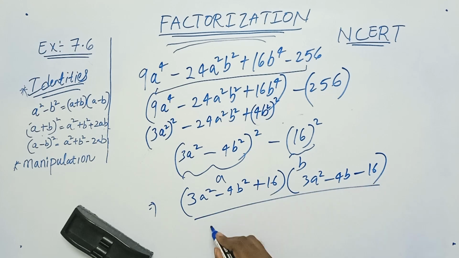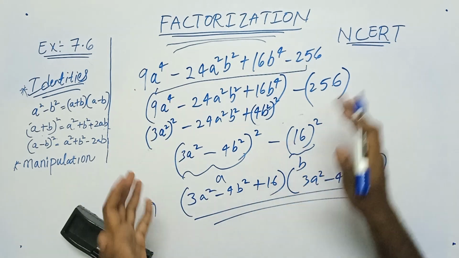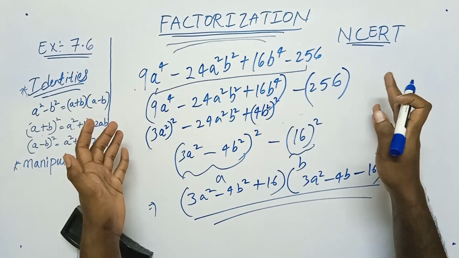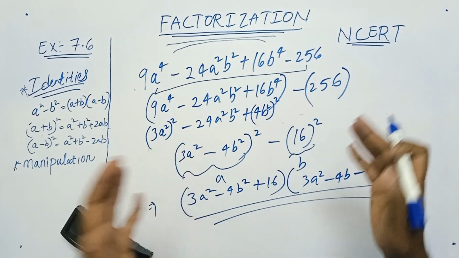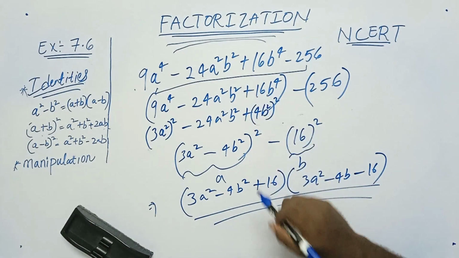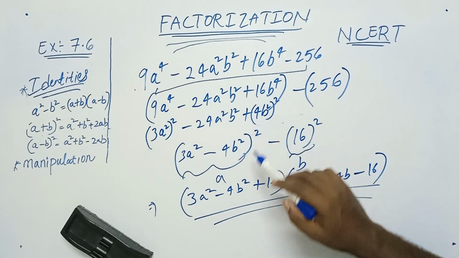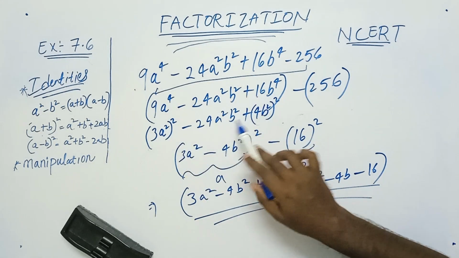So these are the two factors of the given expression. How did we find them? We found them by grouping the terms, and then we solved the values within the bracket.